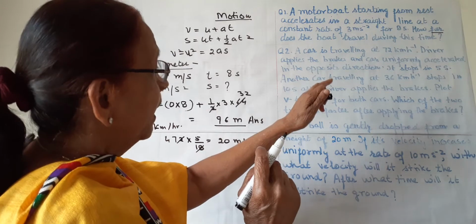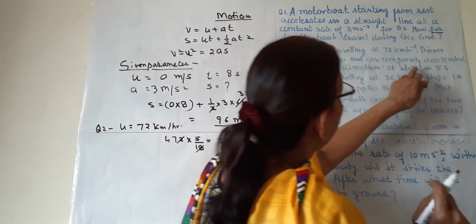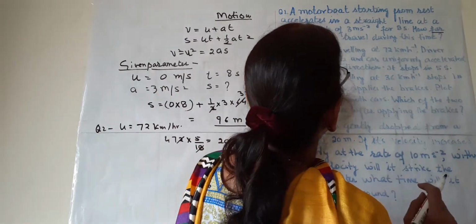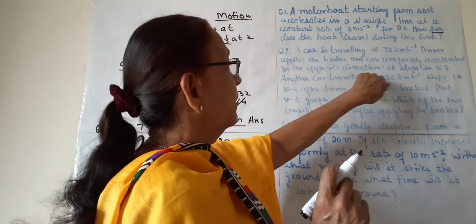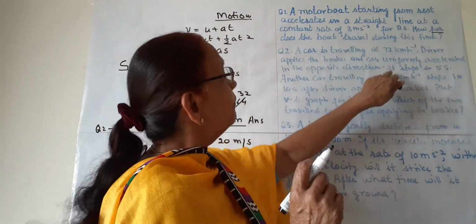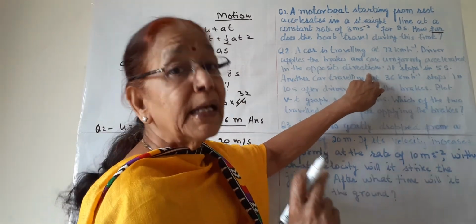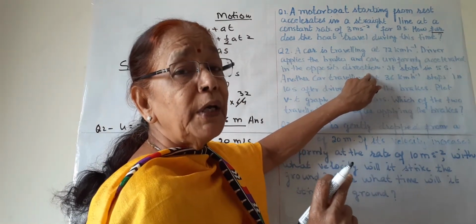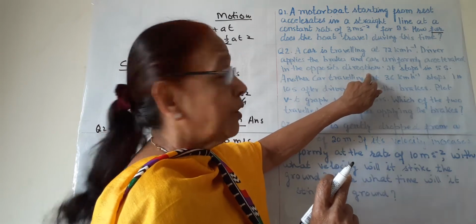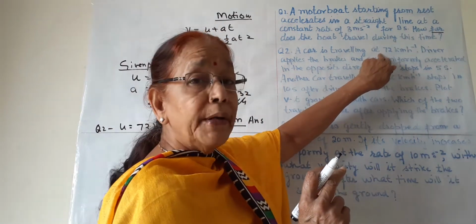The driver applies the brake and the car is uniformly accelerated in the opposite direction. When the acceleration is uniform and in the opposite direction, it means it is negative acceleration, or we call it retardation, because the car is already moving.